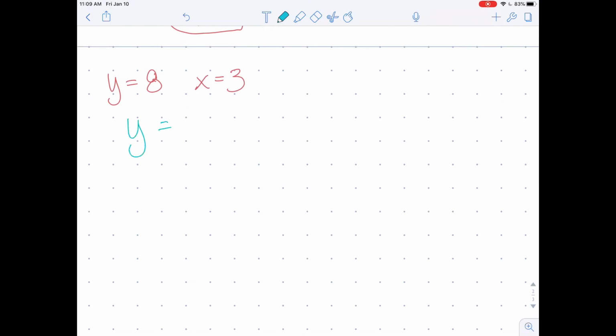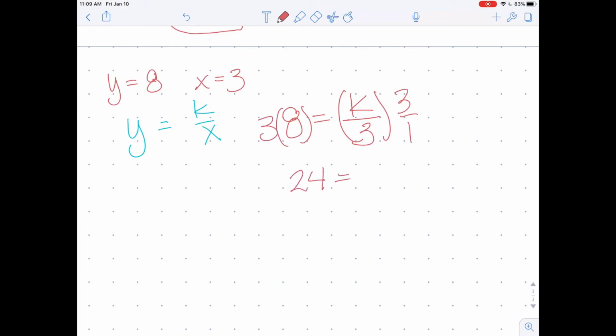So y equals k over x. We're going to plug in what we know. So we know when y is 8, we don't know k, but k divided by 3 has to be 8. So we want to solve for k. We're going to multiply by 3 over 1. 8 times 3 is 24 equals k.